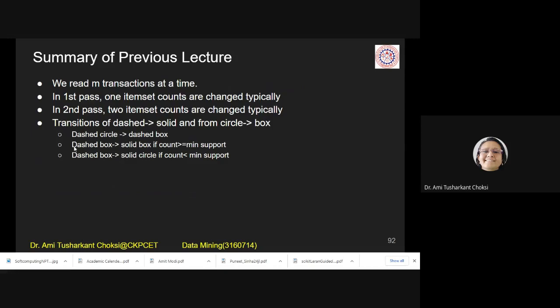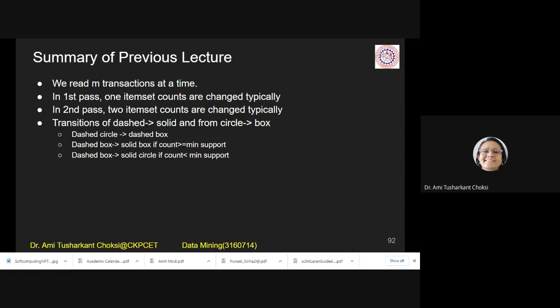Then dashed box to solid box, that is suspected frequent to confirmed frequent. If the count is greater than or equal to minimum support, we will draw the lattice, and in that we will put the dash, circle, box, solid box. All those things we will be doing.